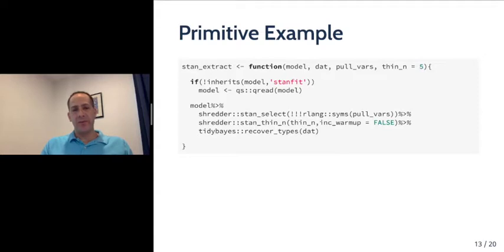An example of a primitive function where we're bundling different functions of Shredder is stanextract, where we're combining stan select and stan thin. So we're using the pipe operator to take a model, select specific variables using rlang verbs, and then stan thin, which is going to create a very thinned out version of the original model.